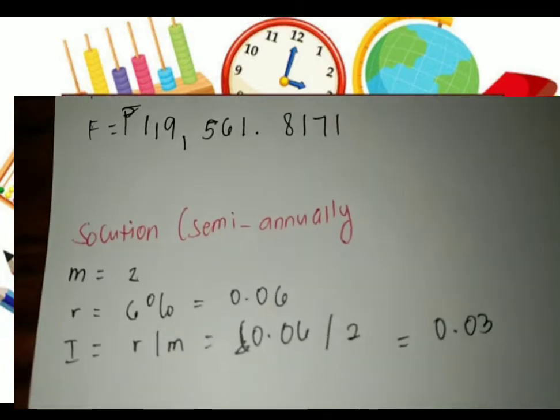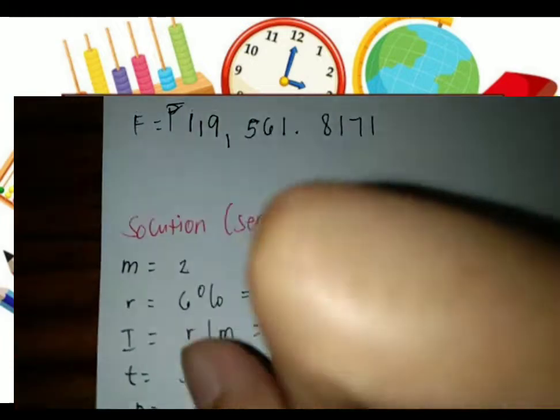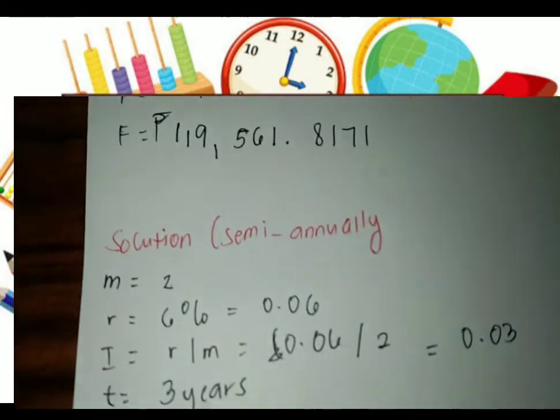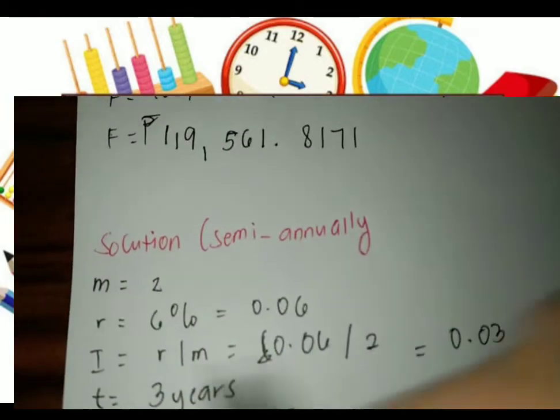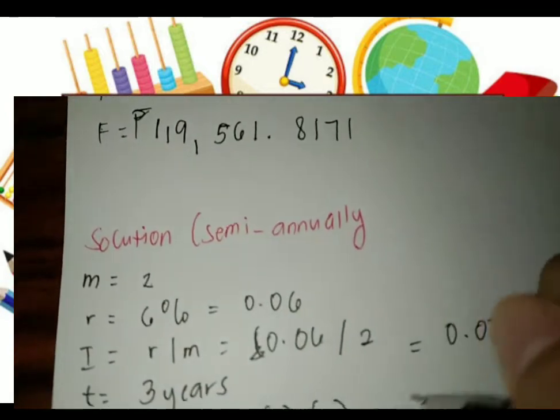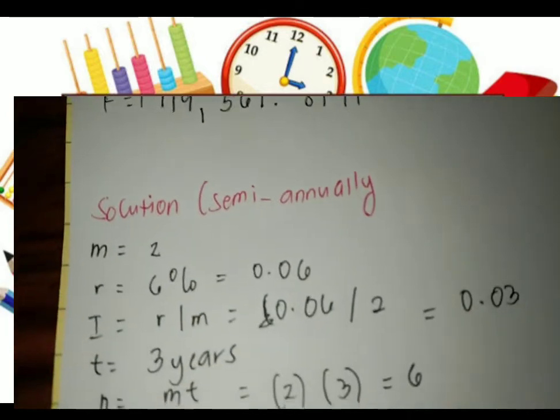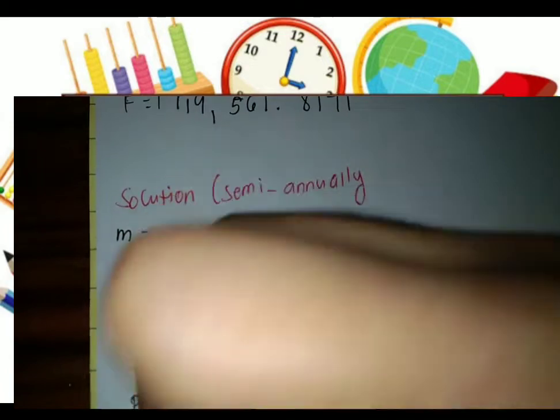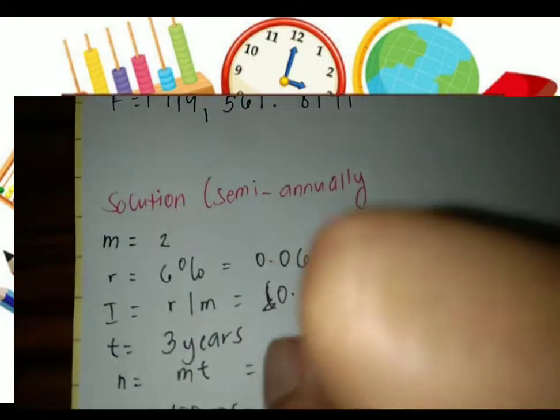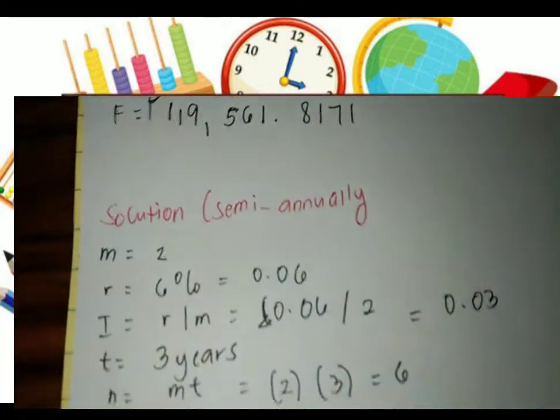Now our time is 3 years. Our N is M times T. So our M is 2 times 3, which is equal to 6. Our P is equal to 100,000 pesos.